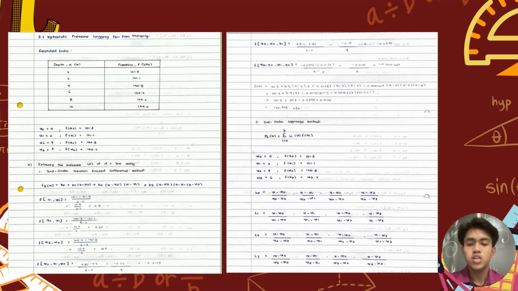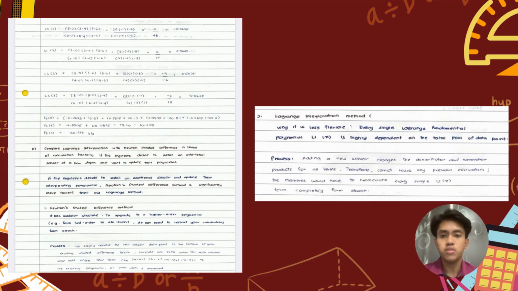For the comparison, Newton divided difference is more flexible if a new sensor or additional data point is added, because the previous calculation can still be used and only one extra term needs to be added.